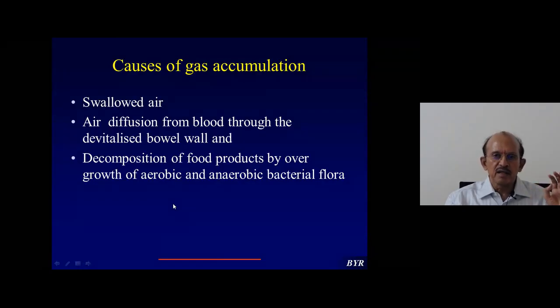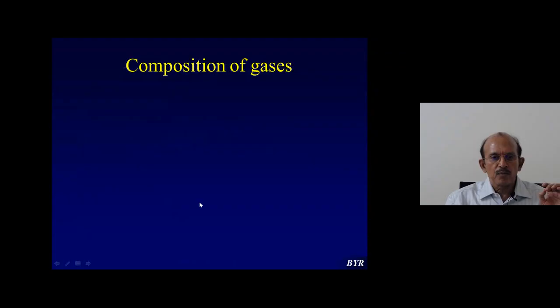We have already seen in the previous classes, whenever there is stasis, there is proliferation of the bacterial flora. So the anaerobic and aerobic bacterial flora proliferation leads to production of gas. So gas is produced because of these conditions.